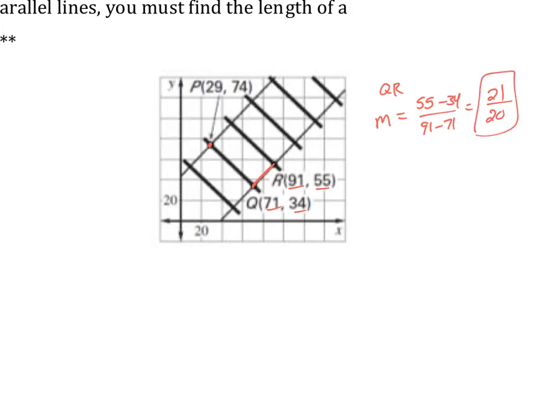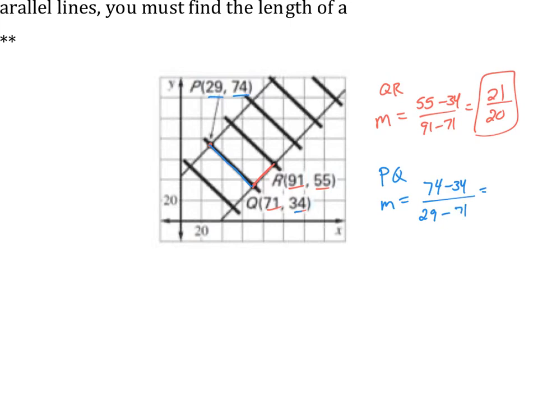Okay. Now let's find the slope of this blue line, just to make sure they're perpendicular. So we'll do PQ, and we'll find the slope. Y2 minus Y1 is 74 minus 34, divided by X2 minus X1, so 29 minus 71. This is 71.